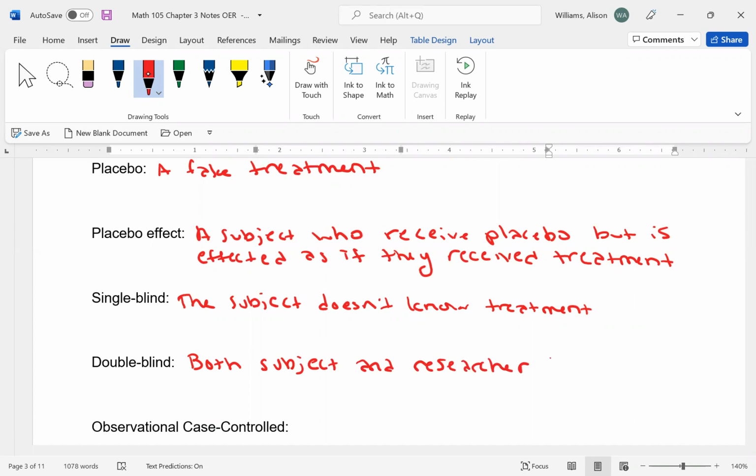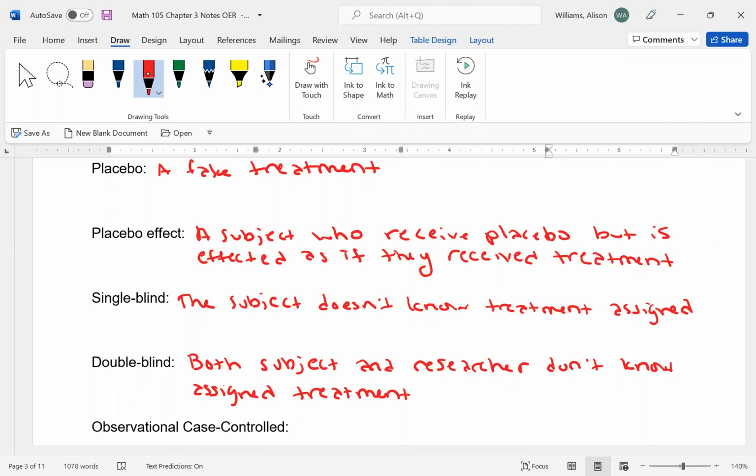Oh, I meant to put treatment assigned up here. Let me add that word. Subject doesn't know treatment assigned. Both subject and researcher don't know assigned treatment.